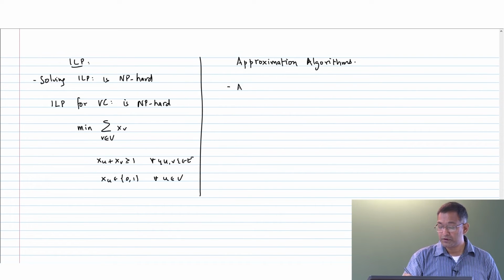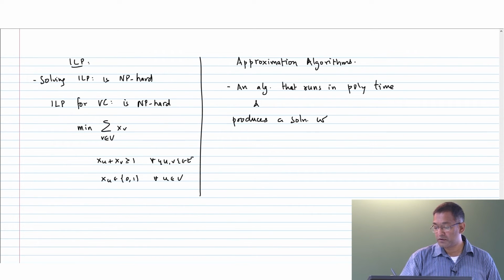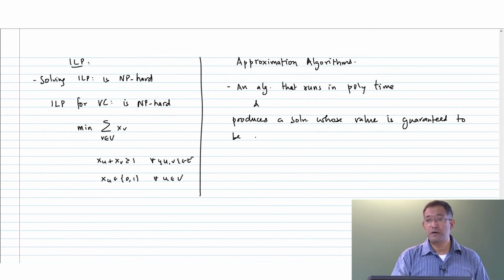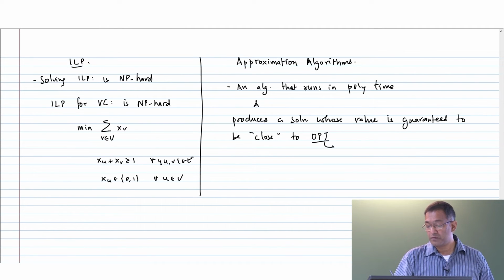So an algorithm that runs in poly time and produces a solution whose value is guaranteed to be close to opt, which is the optimal solution.